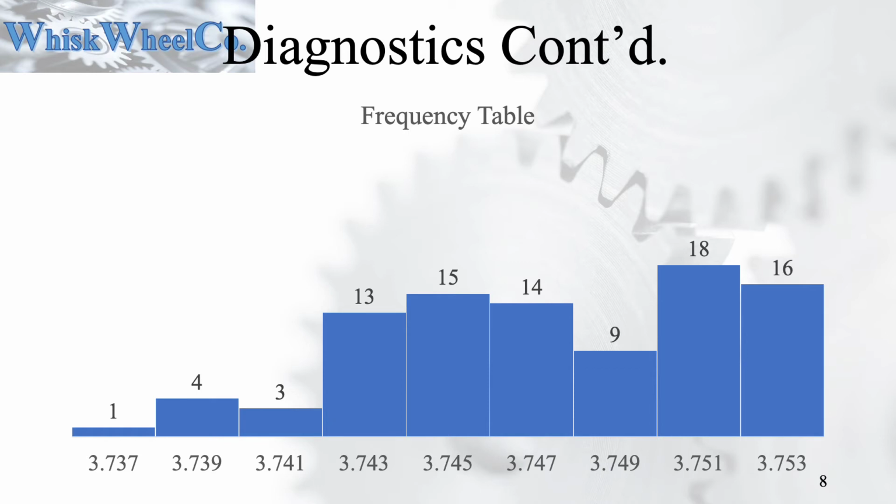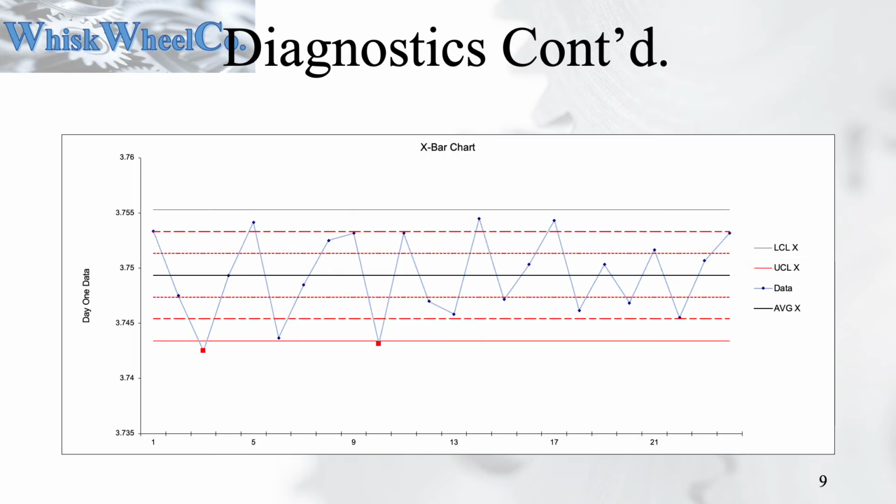From day 1's initial data, we created a frequency table or a histogram, and this showed us a bimodal distribution of the lengths that were being generated from this one specific machine during this one workday. From there, we created an X-bar chart.